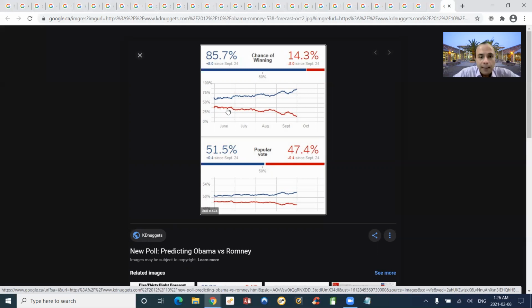So 3,000 people here. I'm going to see how many people are voting blue and how many are voting red. And then here I'm going to have another 3,000 people. And inside I'm going to make a decision what the sample itself is actually telling me.